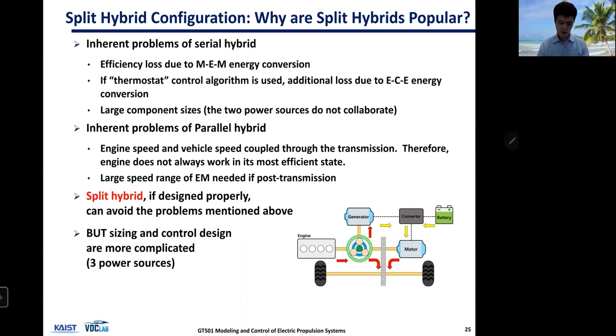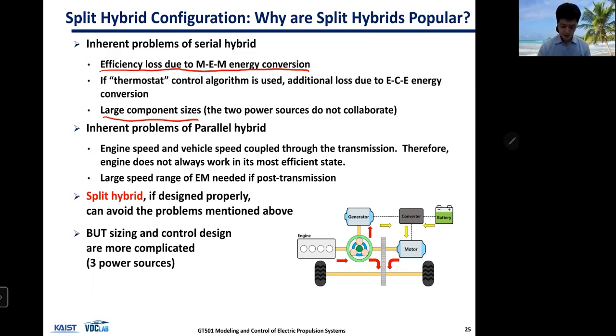For serial hybrid, there's energy losses due to this mechanical to electrical and back to mechanical energy conversion losses. And then there's large component sizes, because all of the engine power has to travel through the generator and the motor. And the motor is the only way to propel your vehicle, and the generator is the only way to generate your engine power.